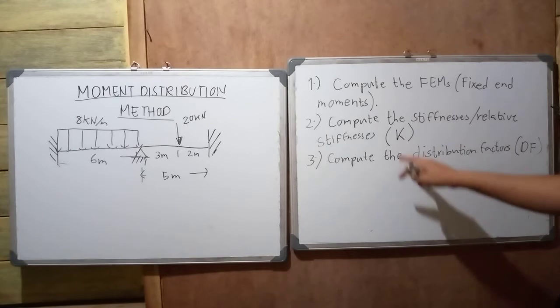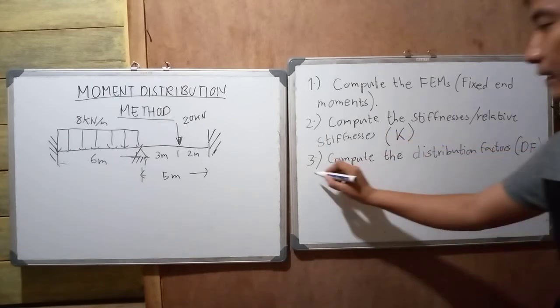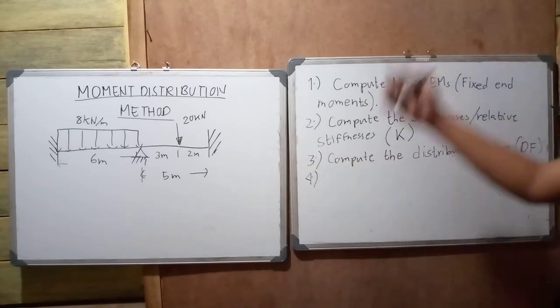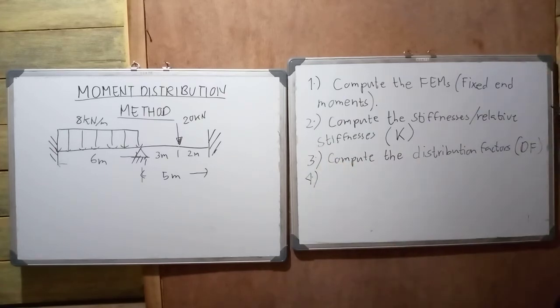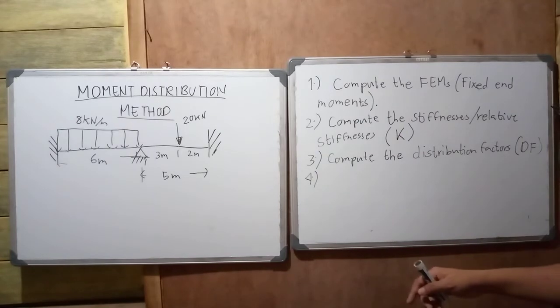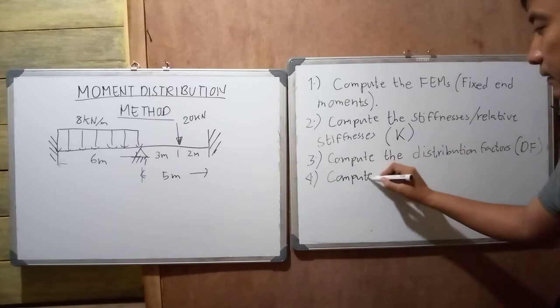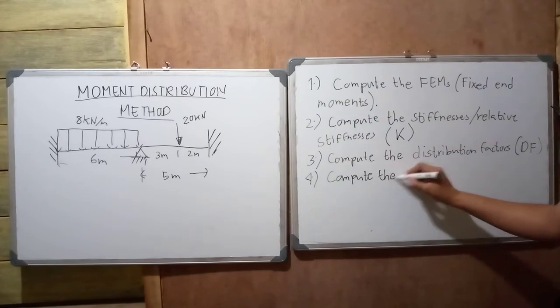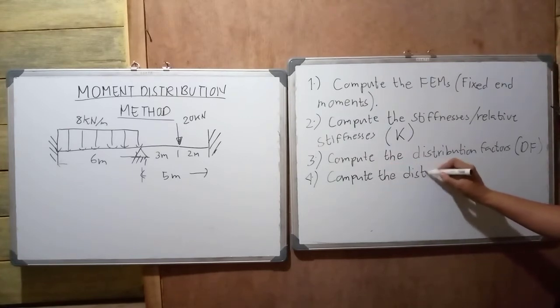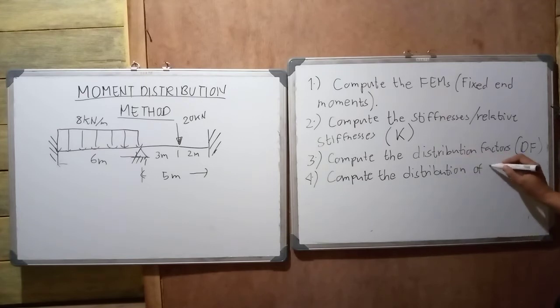We will discuss further what this stiffness or relative stiffness is, and what this distribution factor is. So those are what we should remember. And then, after we compute the distribution factors, we compute the distribution of moments.